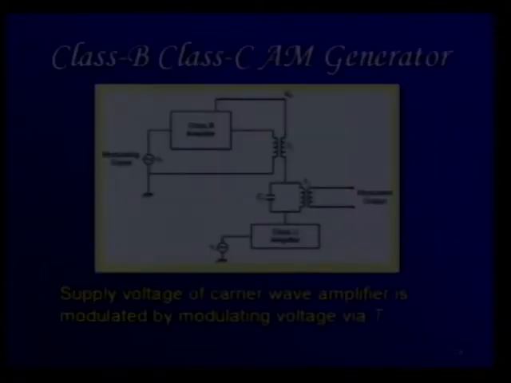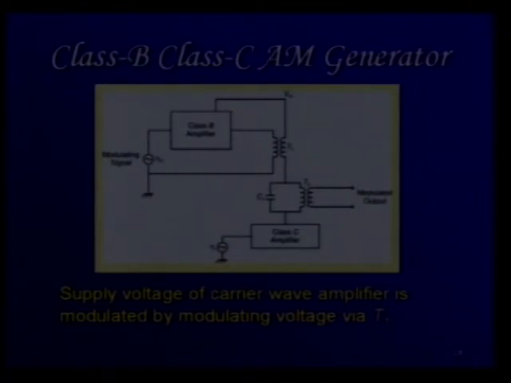Here I showed you first the simplest form of AM generation, and this is a fundamental kind of circuit where you have the modulating signal here, which you feed to a class B amplifier. Now today we are not going to go into the details of any classes of amplifier, which I assume you are already conversant with, but just to remind you, in amplifiers we have different classes of amplifiers.